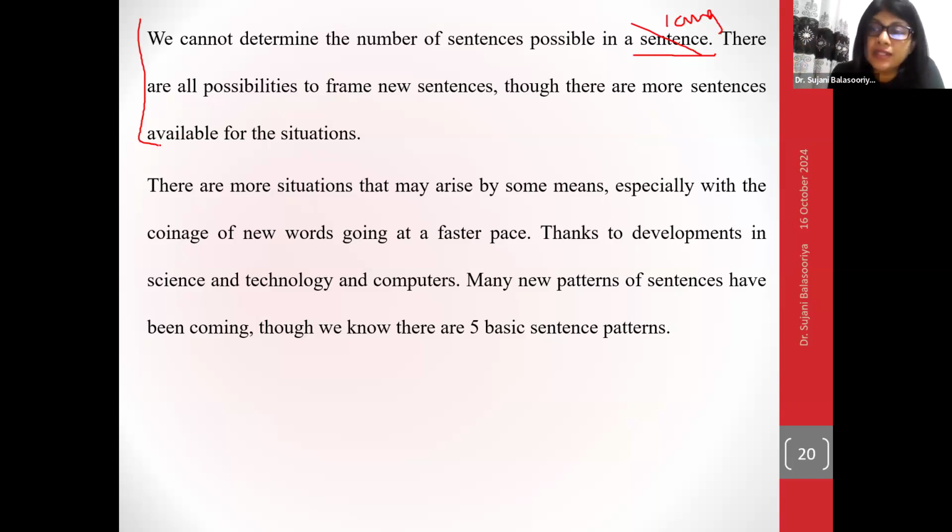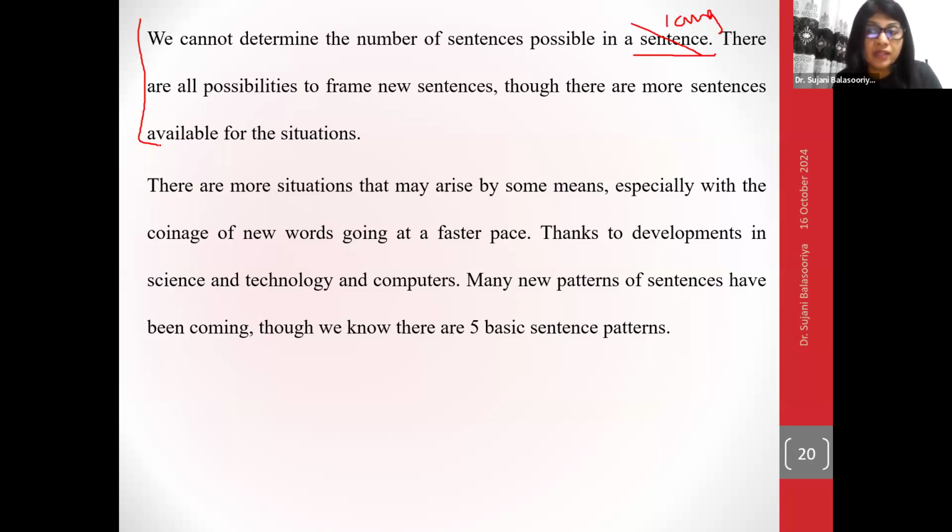These are all limited. So using this limited number of resources, we can produce an unlimited number of productions. Productions here means utterances or sentences. That is the productivity. So human language has this productivity, whereas animal language does not have this property.